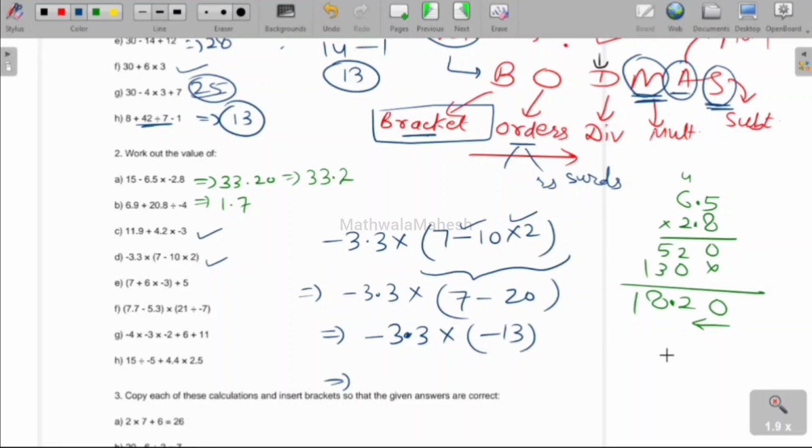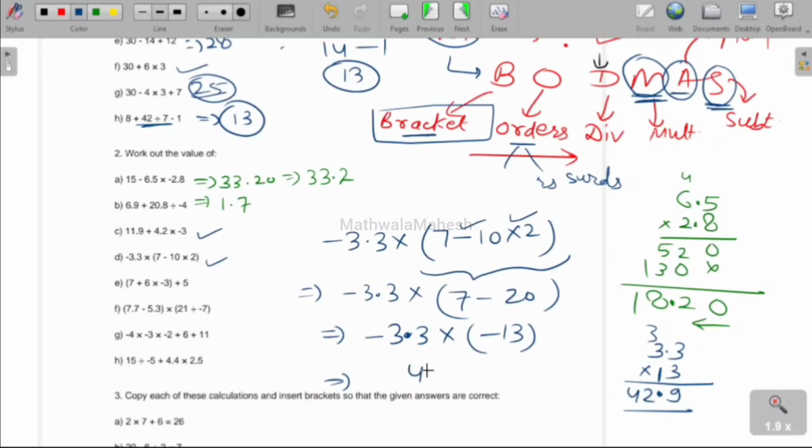So we will multiply 3.3 by 13. How to multiply? 13 times 3 is 39, and 39 and 3 is 42, and from the last there is a decimal, which is 42.9.